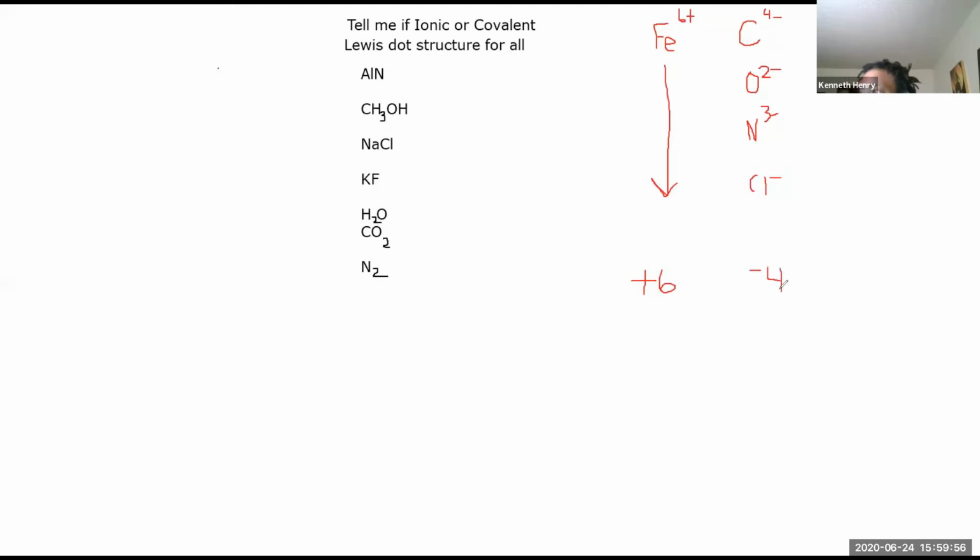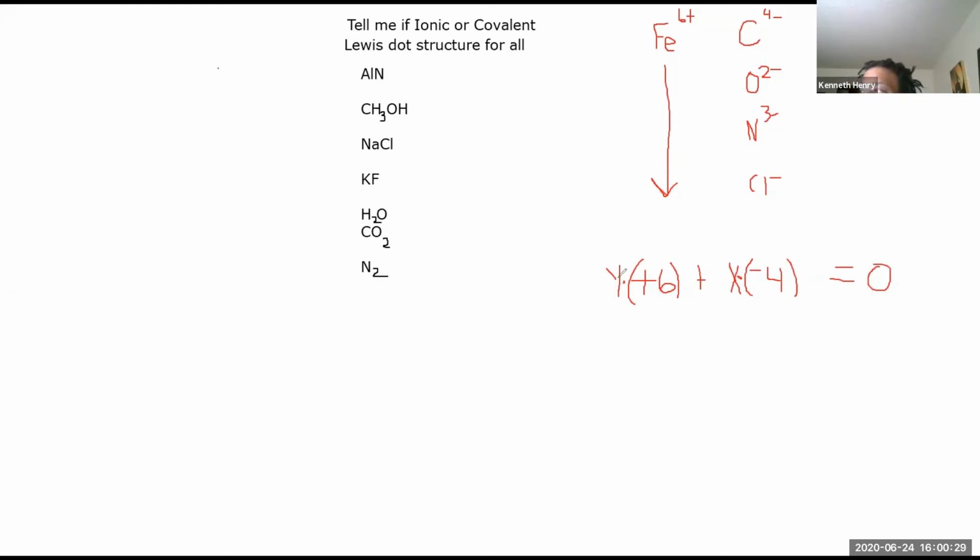So we want to figure out X times 4 plus Y times 6 is equal to 0.